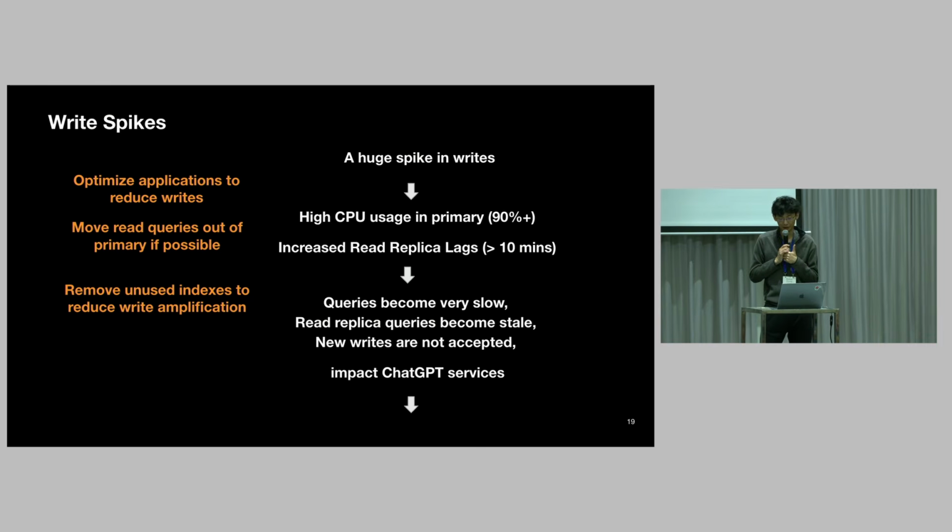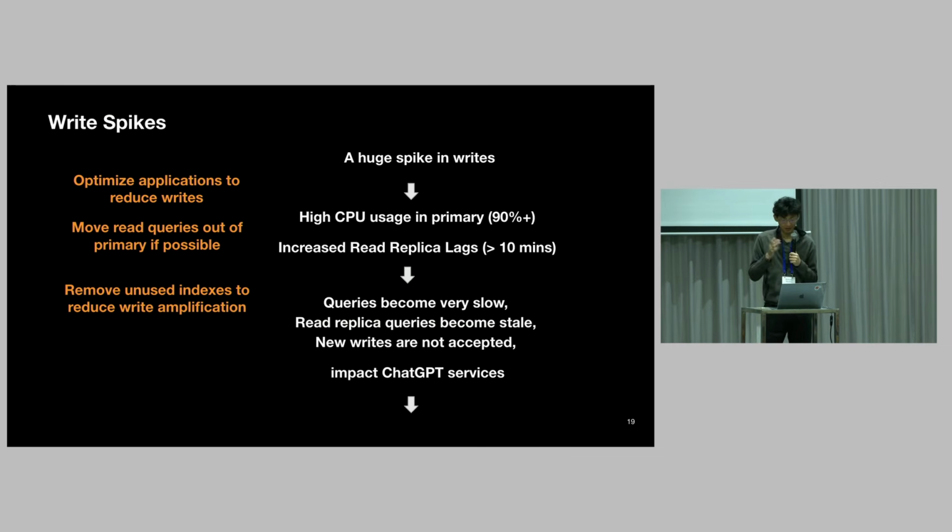Which means that queries become very slow on the primary. And for the replica queries, the data becomes stale because you have the large replica lag, so the queries on replicas are reading stale data. And also the new writes are not accepted because of the saturation of the primary.